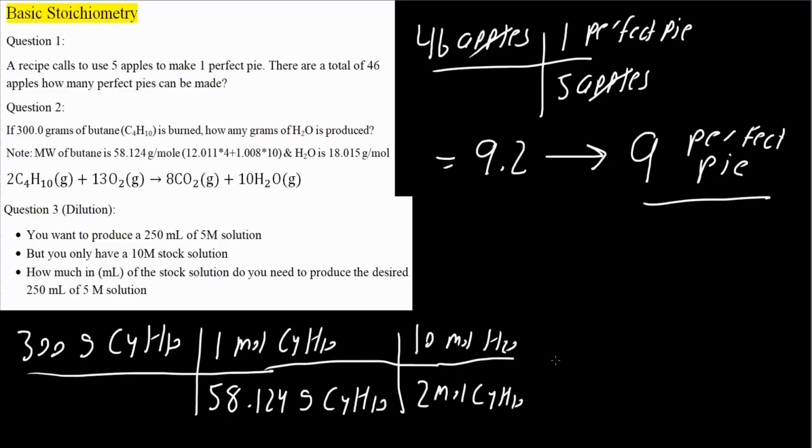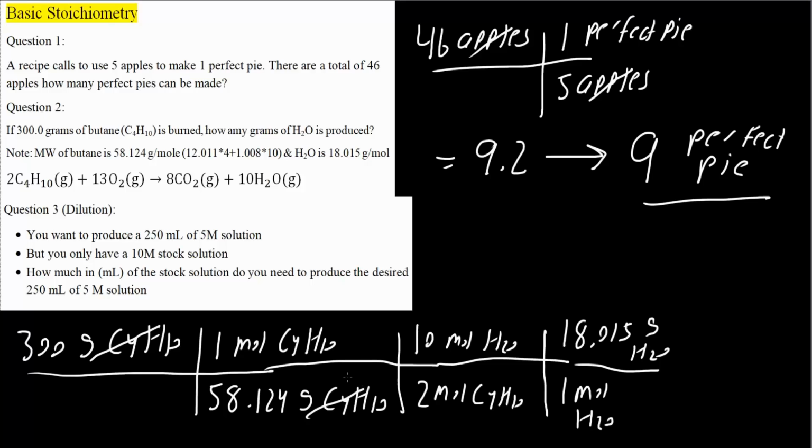Now this problem is asking for the number of grams, so we need to convert from moles to grams. We know that 1 mole of H2O is equal to 18.015 grams of H2O. Now let's check: does our setup make sense? Grams of butane cancel. Moles of butane cancel.